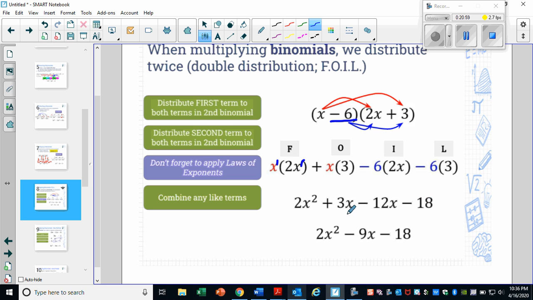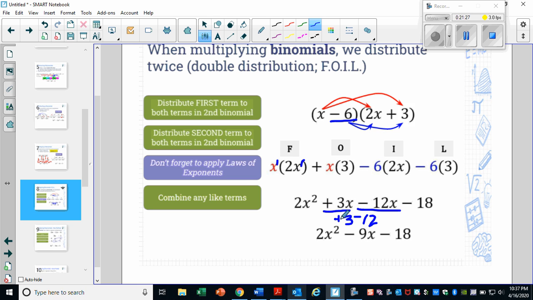And then you may need to combine your like terms. In this case, positive 3x and negative 12x. We can combine those two terms. Basically, you are subtracting 3 minus 12, which gives a negative 9.